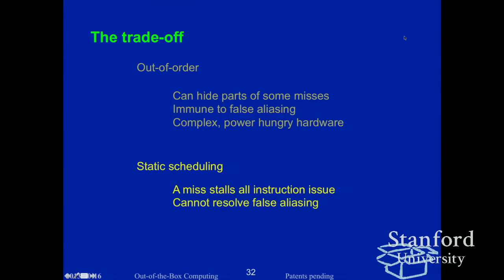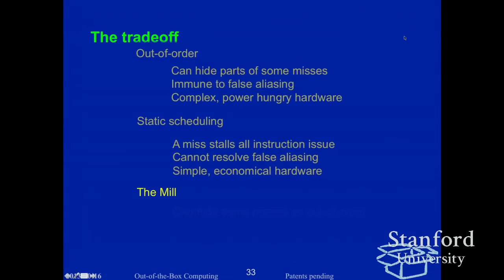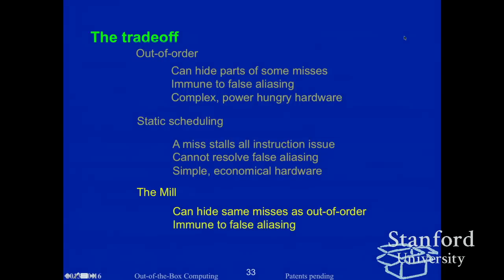You cannot resolve false aliasing, but you've got simple and economical hardware. The Mill, we hide the same misses as out of order. We are also immune to false aliasing, but we have simple and economical hardware.